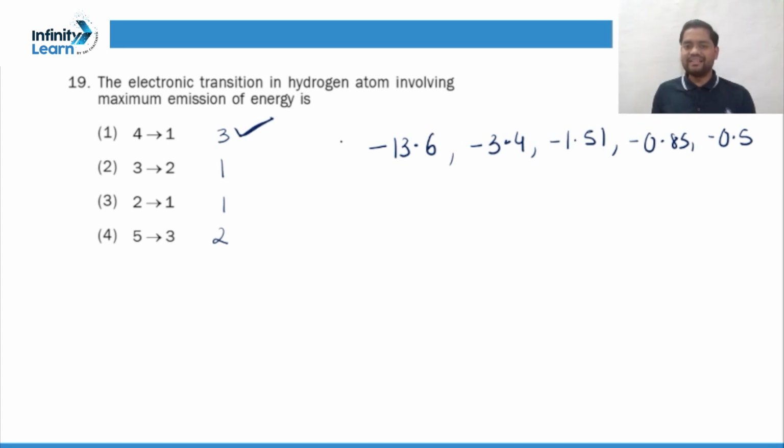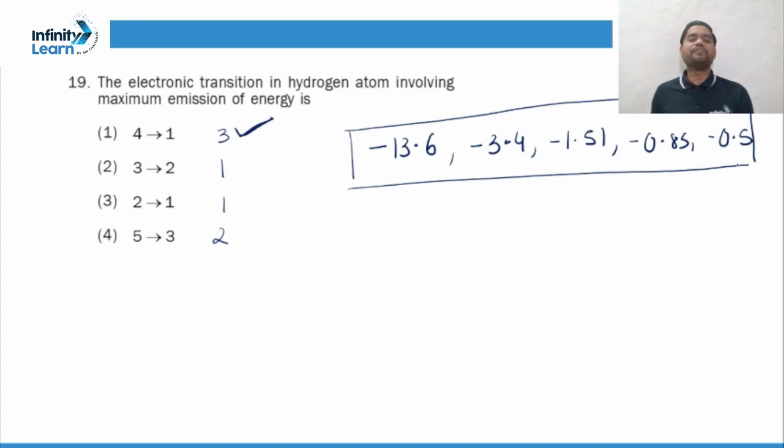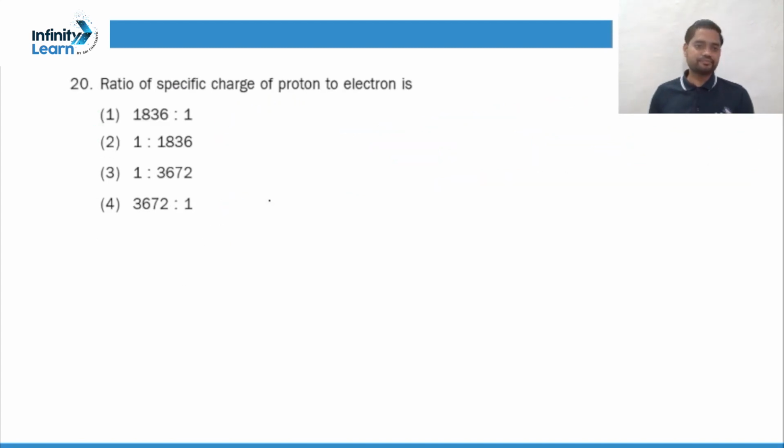I request you all to please remember these values. This will make your life much easier. So the electronic transition in hydrogen atom involving maximum energy emission will be from 4 to 1. Clear?